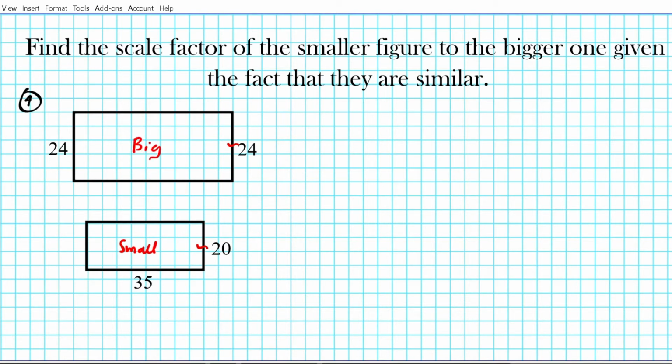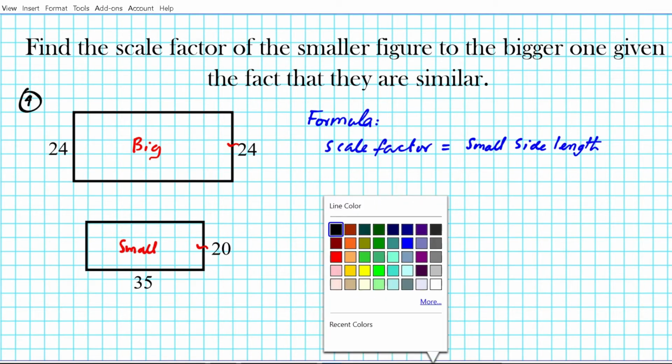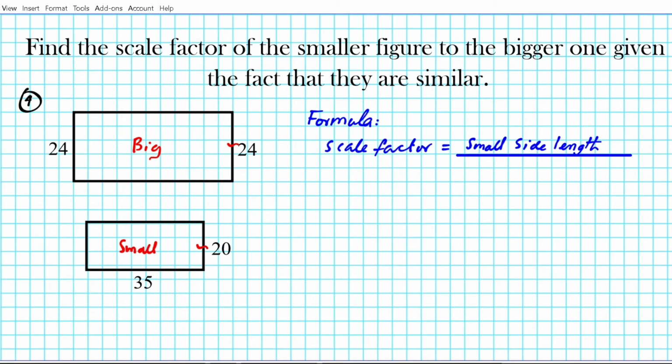To find the scale factor, let's write down the formula. Scale factor is equal to small side length divided by corresponding big side length.